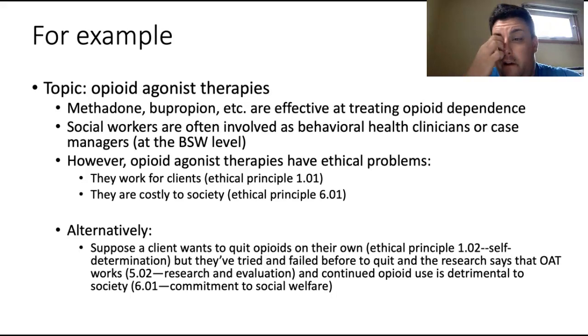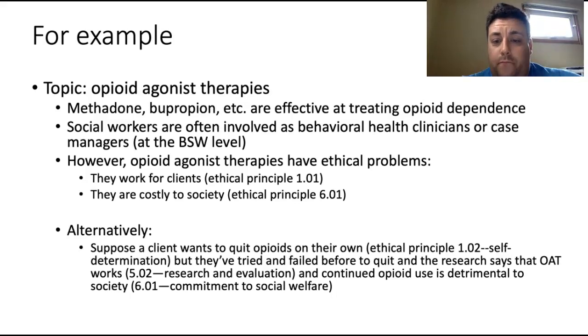A second example, this is more of a micro level example, I've listed just here at the bottom of the slide. Suppose a client wants to quit opioids on their own. That would be in service of ethical principle 1.02, which is self-determination. But perhaps, again, this is just a purely hypothetical situation, perhaps they've tried and failed before to quit.